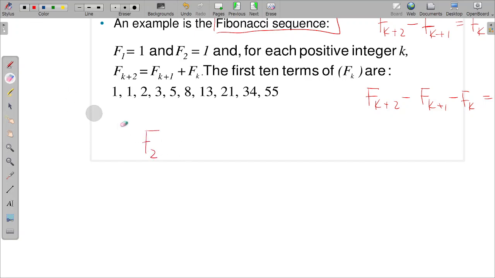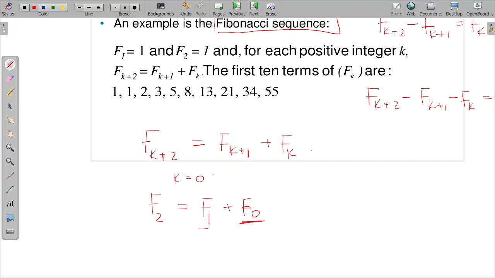So I write it again: f of k plus 2 equals f of k plus 1 plus f of k. If k is 0, we have f2 equals f1 plus f0. So I need f of 0 and I need f of 1.